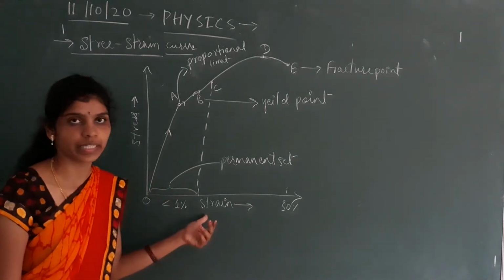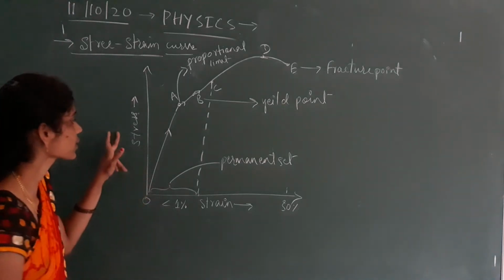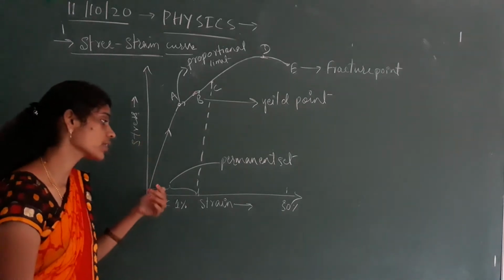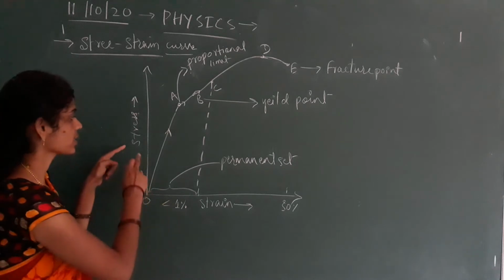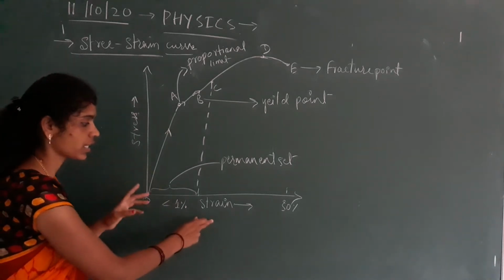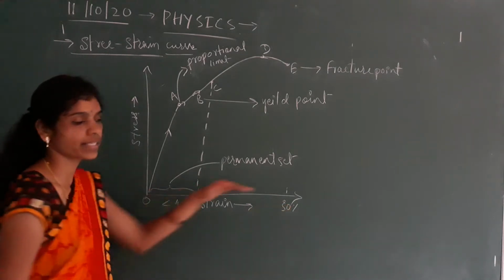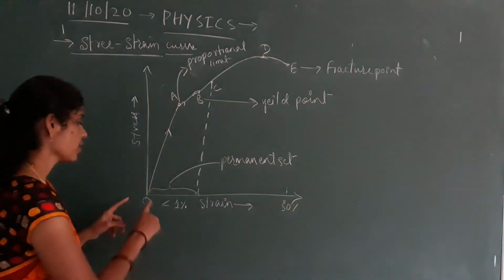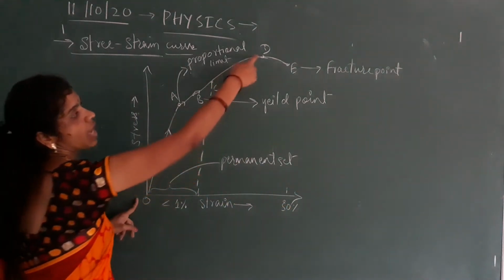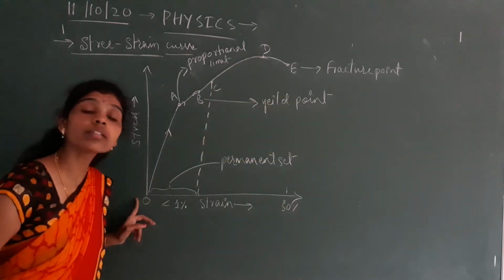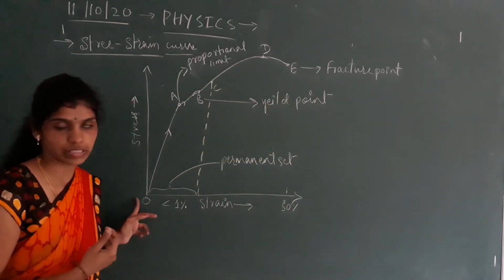From this graph we can analyze the relation. It is plotted with strain along the x-axis and stress along the y-axis. Different positions are shown here, so let us see what they represent.